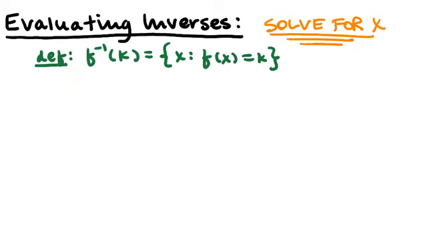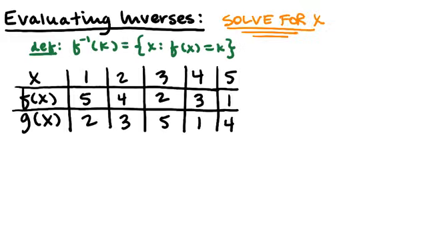So that's something we're going to use. But we're going to be solving for x. So I'm going to start with the same table that we were working with earlier, and I'm going to extend this and add one more column, and I'll say 6, 2, 3, or something like that.